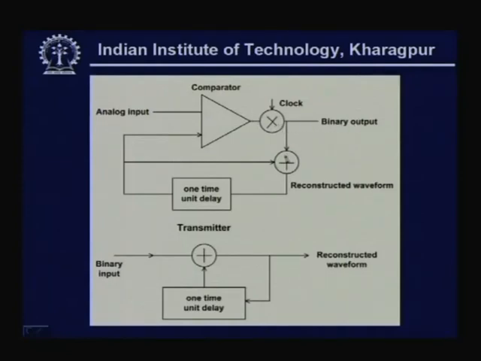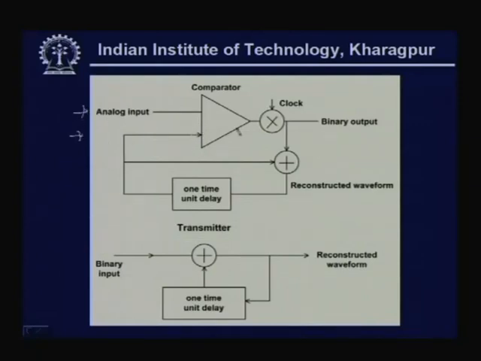This is essentially some kind of integrator or adder which regenerates the reconstructed signal. That means the analog waveform that you are receiving is reconstructed here, and with 1 bit unit delay you are feeding it back, so that the previous value is compared with the present value. Here is the previous value and here is the present value.